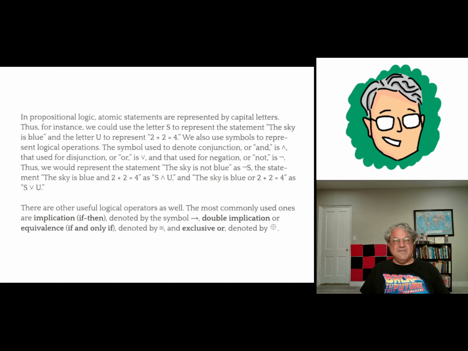It rains today is an atomic statement. I won't go outside is another atomic statement. So I could call it rains today R, and I'll go outside O. So I write R arrow O. That means if R, then O.